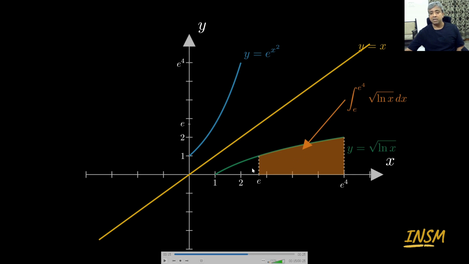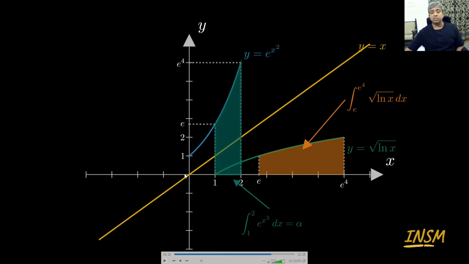This is basically the area between y equal to root log x, x equal to e to the power 4, and the x-axis. Since the other curve is its mirror image, and the integral given is the integral of e to the power x squared from 1 to 2 as alpha, this area is given to you as alpha and you are asked to find this area.